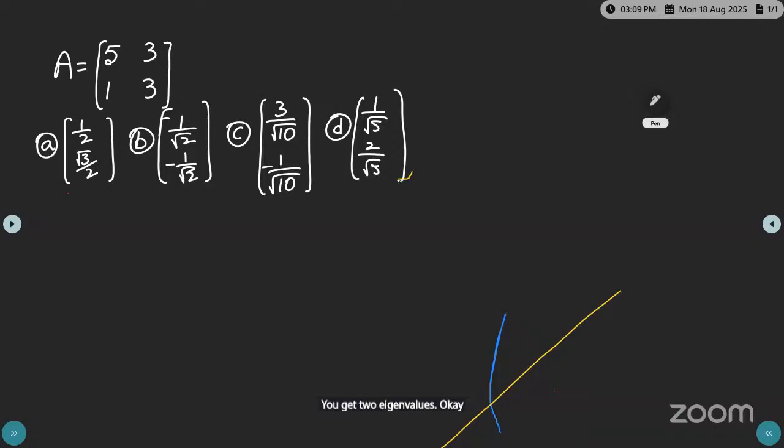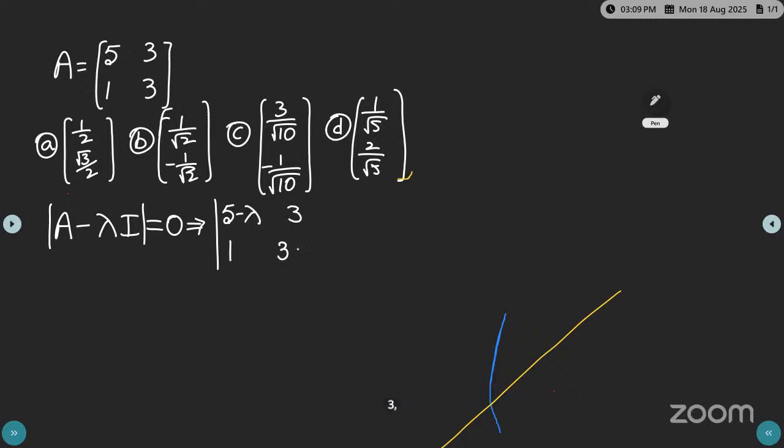So you have to consider determinant of A minus lambda I equal to 0. Determinant of 5 minus lambda, 3, 1, 3 minus lambda equal to 0.